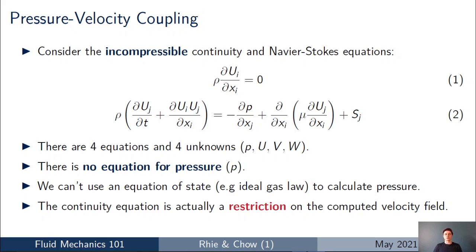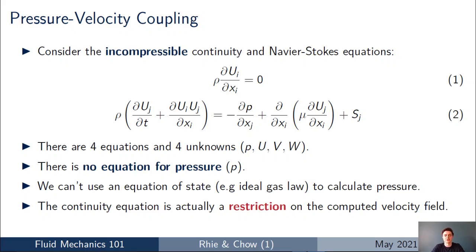What I want you to notice in this set of equations is that we've actually got a total of 4 equations. We've got 1 continuity equation and then 3 momentum equations for u, v and w. And we've actually got 4 unknowns as well. We've got u, v, w and p for pressure.